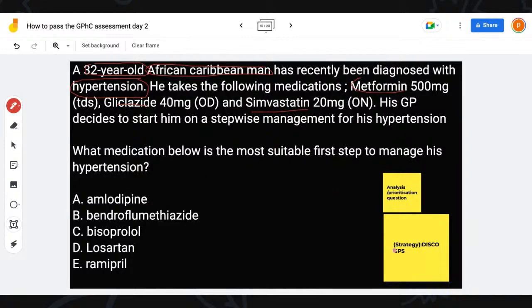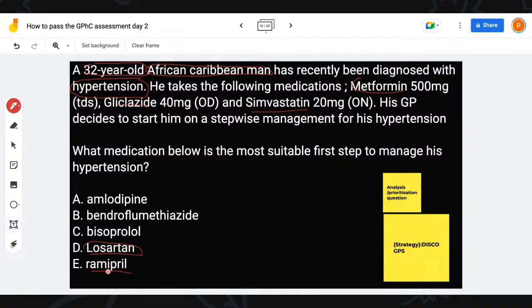That's your G. And according to your guideline, anyone that has got diabetes, you have to start off with an ACE inhibitor for renal protection. It could be an ACE or an ARB. So in this case, this could be correct and this could be correct. But according to the guidelines, if you have a Black African, the preferred drug to give them is an ARB over an ACE inhibitor.